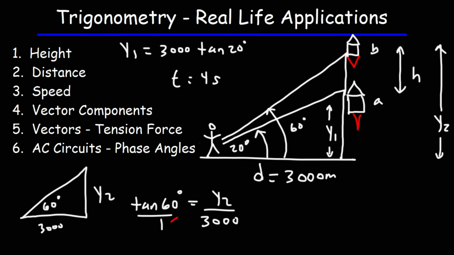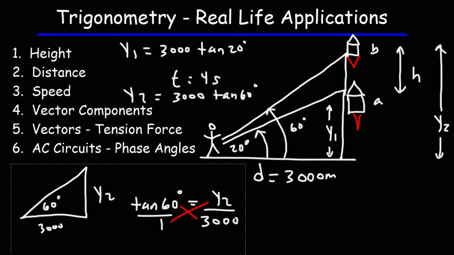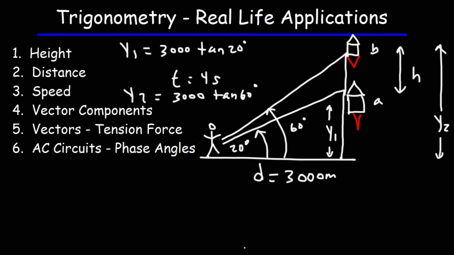If we cross multiply, we get that y2 is 3000 tan 60. h is the difference between y2 and y1.